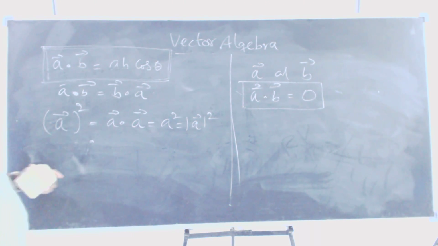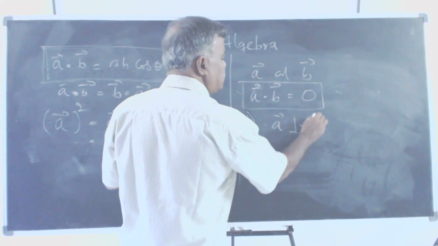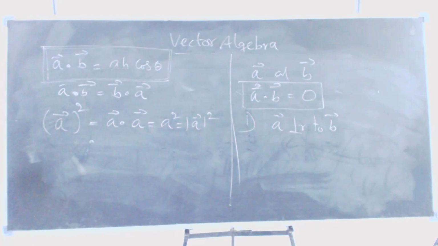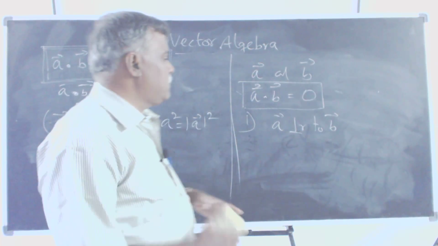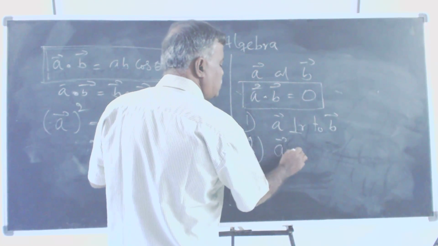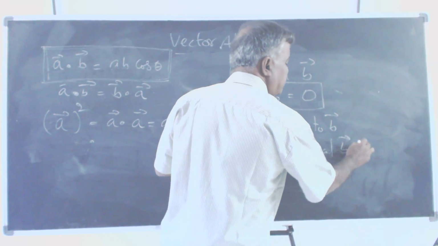Let us analyze. Number one possibility, A vector is perpendicular to B vector. This is possible. A dot B 0 means A may be perpendicular to B vector. Number two, A vector equal to 0 vector and B vector non-zero.